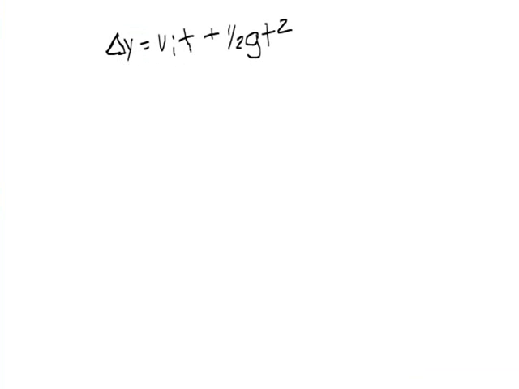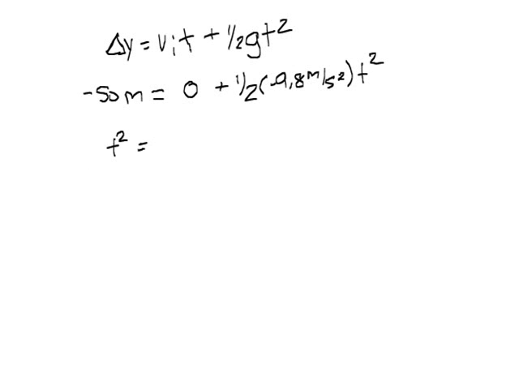Plugging in what we know, negative 50 meters equals Vi times T, which is 0, plus 1/2 of negative 9.8 meters per second squared times time squared. Time squared will be equal to negative 50 meters divided by negative 4.9 meters per second squared.